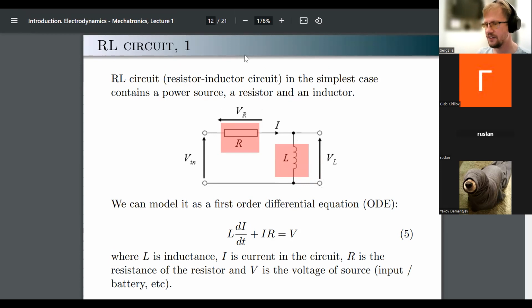Here we can define a voltage across the resistor, voltage across the inductor, and voltage across the battery, which is our power source, if you want. And this is our input, if you want. So this is the circuit.